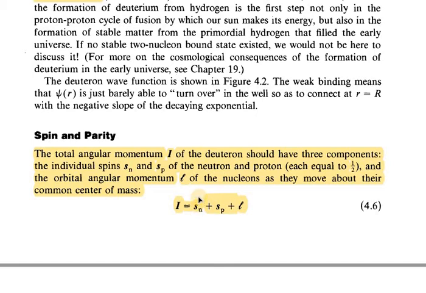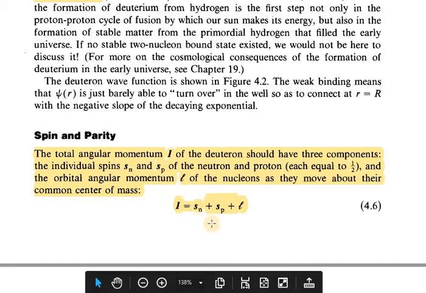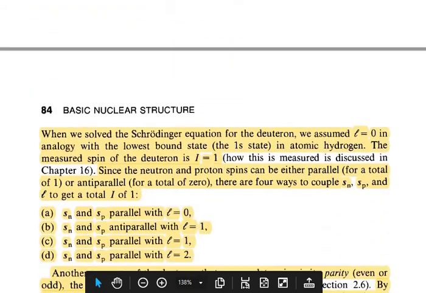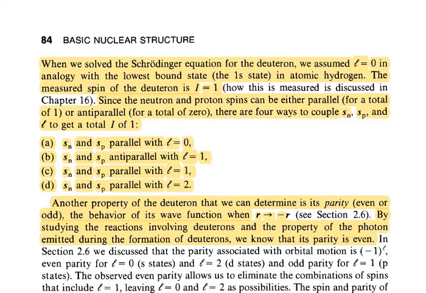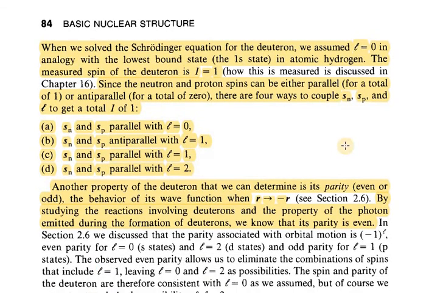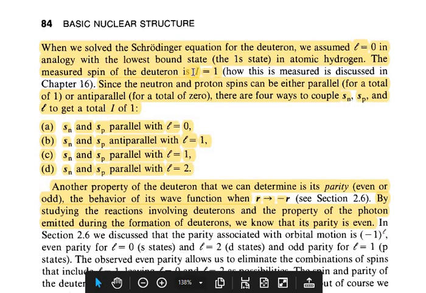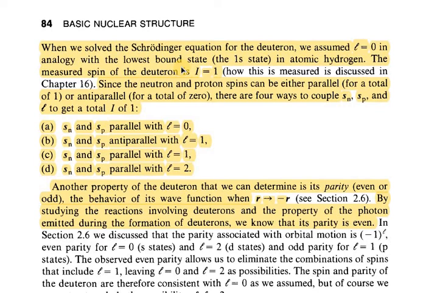So the total angular momentum I equal to Sn plus Sp plus L. When we solve the Schrodinger equation for the deuteron, we assumed L equal to 0 in analogy with the lowest bound state or 1s state of atomic hydrogen.